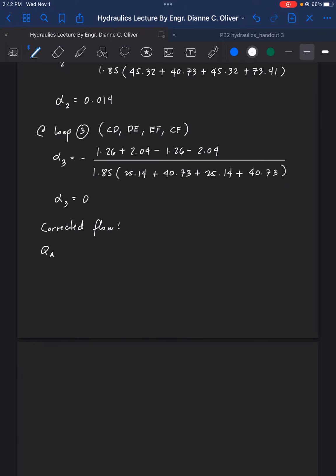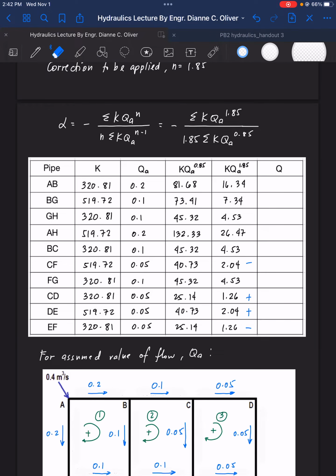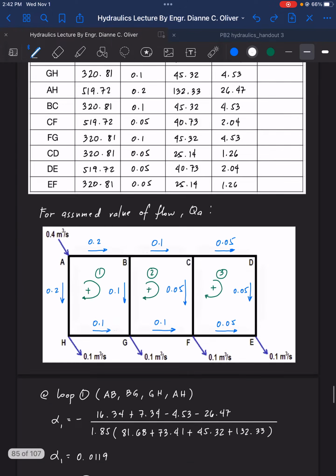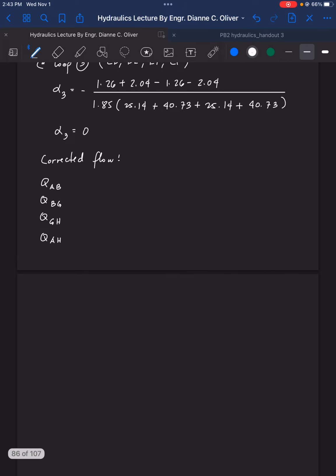So the 10 pipes: QAB, QBG, QGH. We're following the arrangement of the pipes here. So GH, QAH, QBC, QCF, QFG, QCD, QDE, and then QEF.